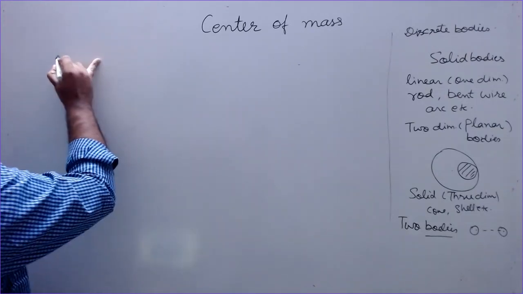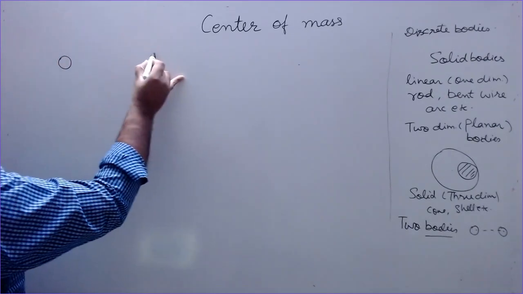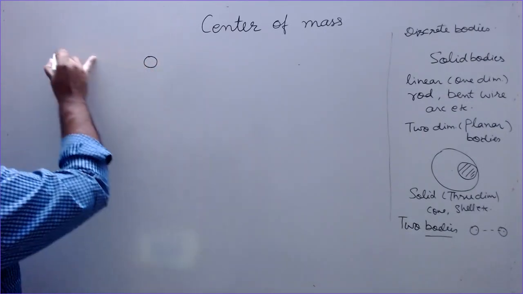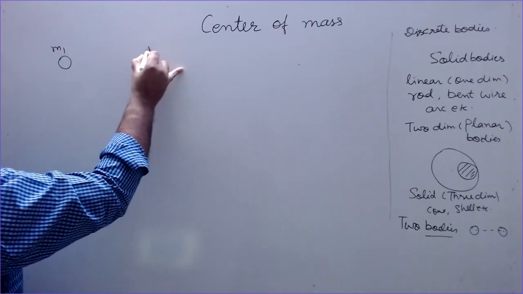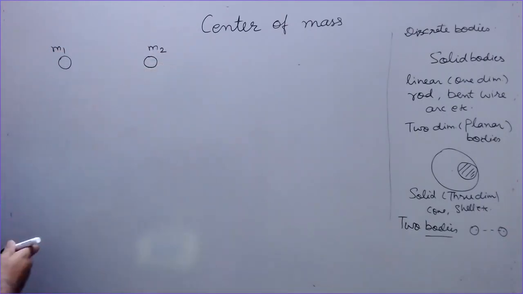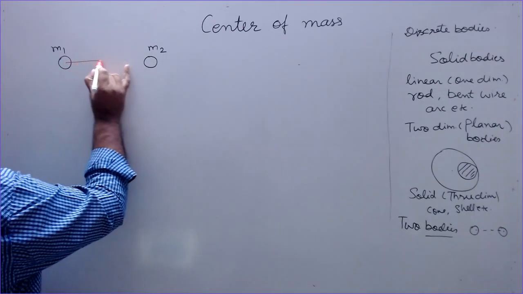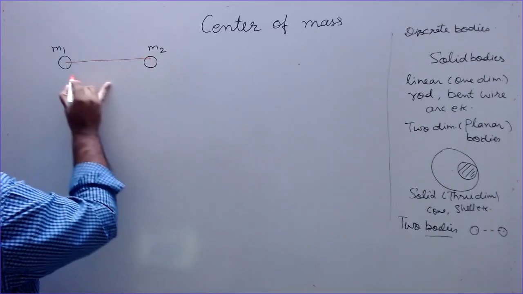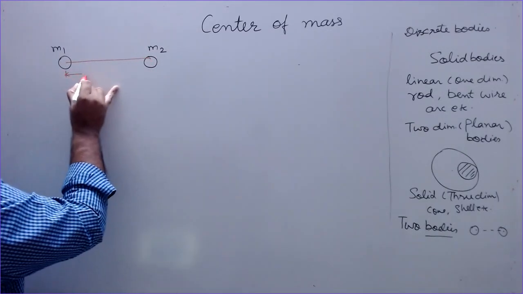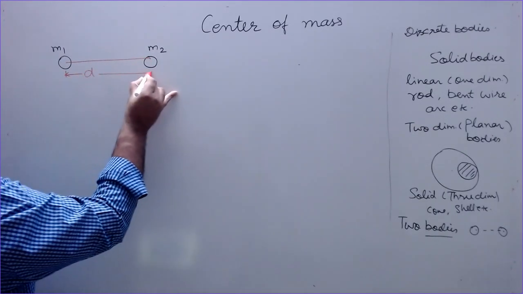So we have these two bodies of masses m1 and m2, and they are separated by the center to center distance, say d.